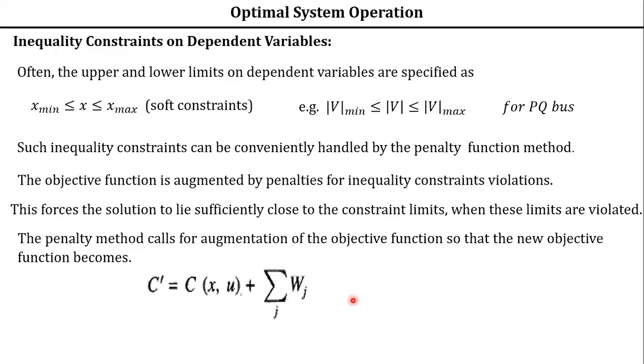What is W1? The penalty imposed on variable 1. What is W2? The penalty imposed on variable 2. Clear? So this is your new objective function. With your old objective function, the cost function, we have the penalty function with summation. So why do we have to use summation? I hope it is clear for you.